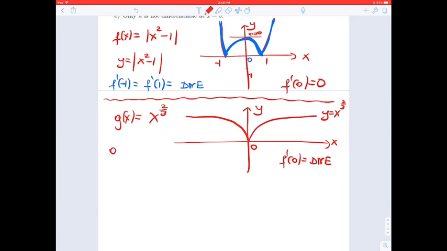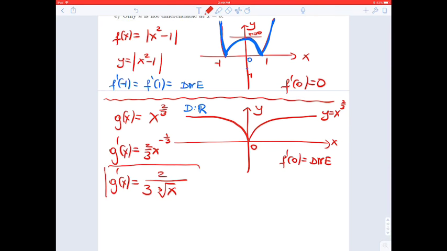We can also try to find the derivative. The function is defined everywhere because the cube root can take all numbers, so the domain is all real numbers. But if I take the derivative, 2/3 x to the -1/3, and rewrite it without a negative exponent, it is 2 over 3 times the cube root of x.